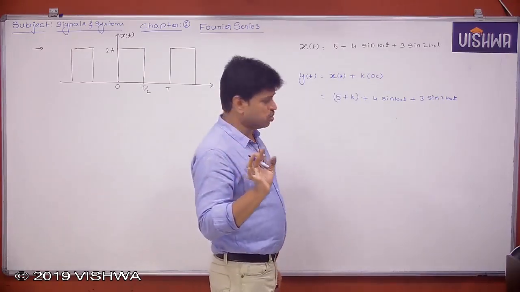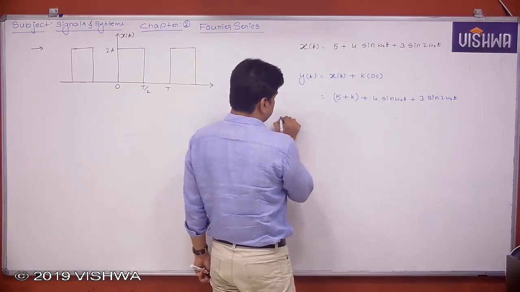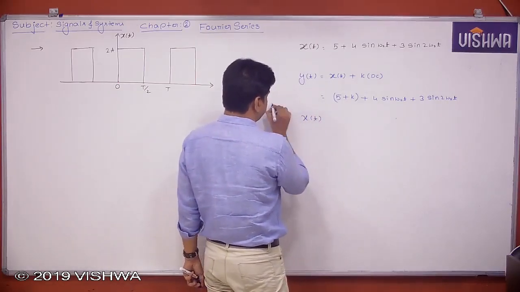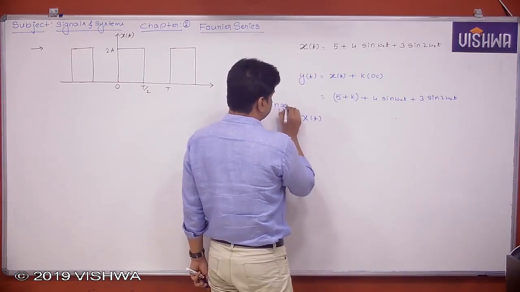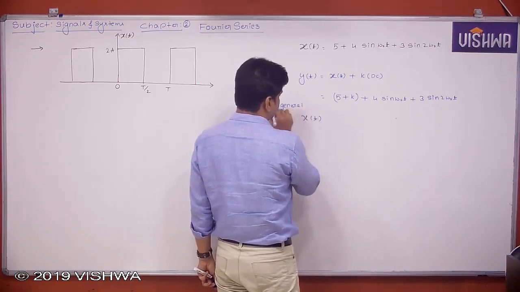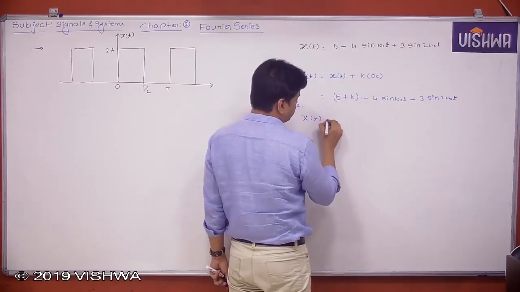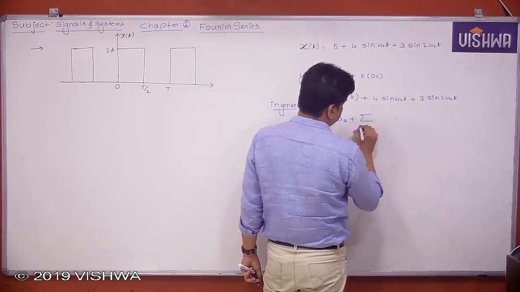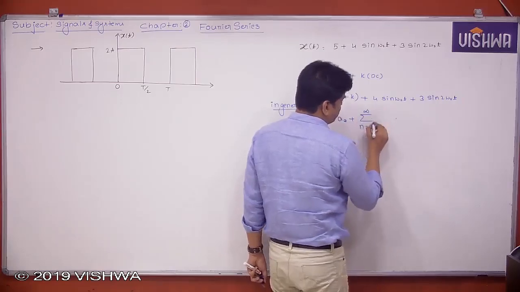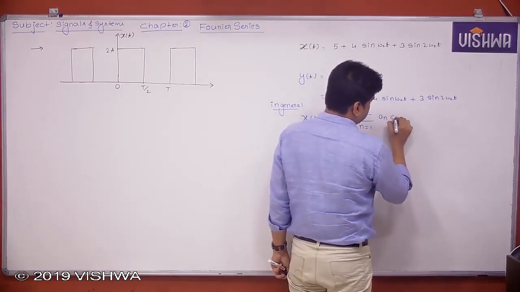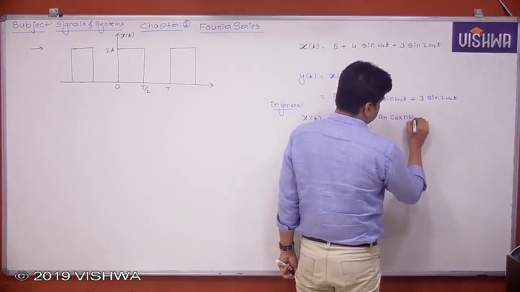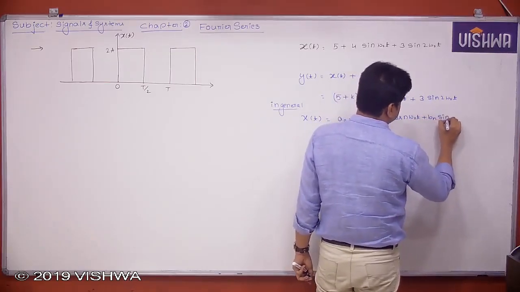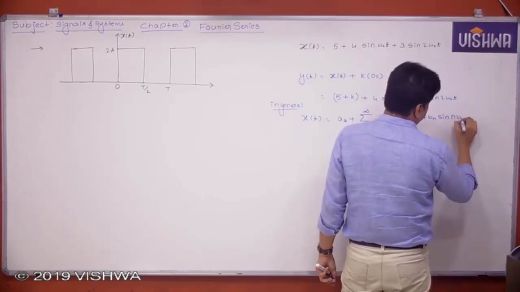I hope you understood. Let's say x of t in general, I am writing, a0 plus summation n equals 1 to infinity of an cos n omega naught t plus bn sin n omega naught t.